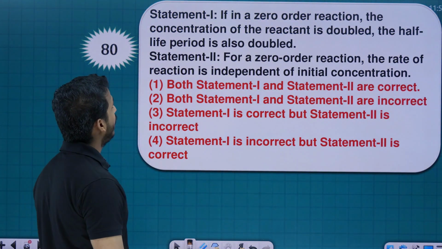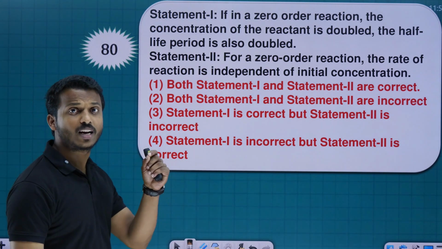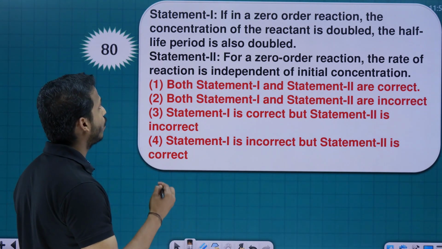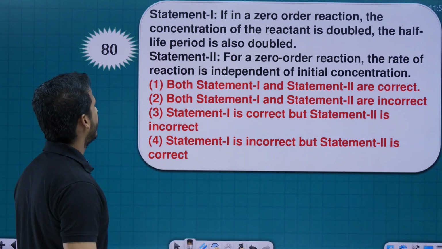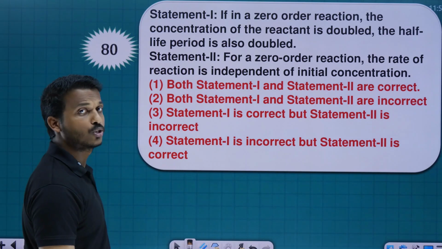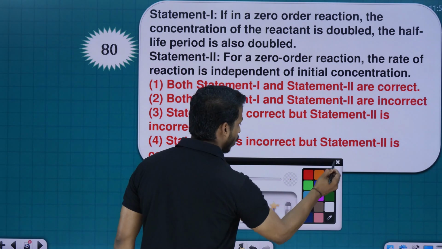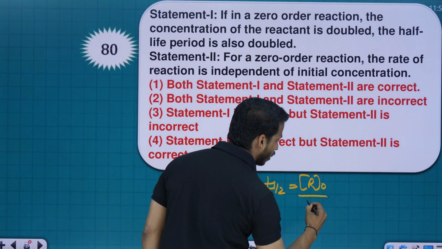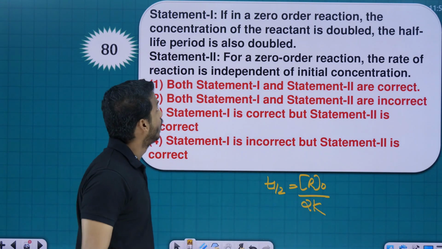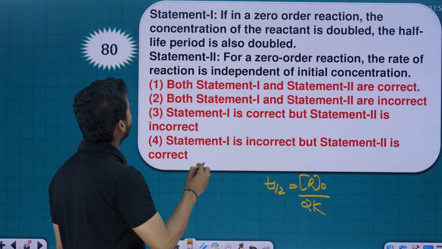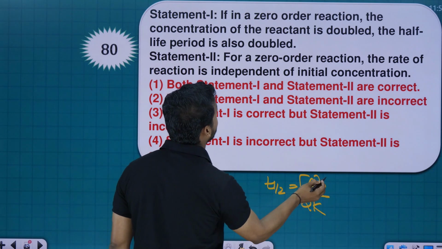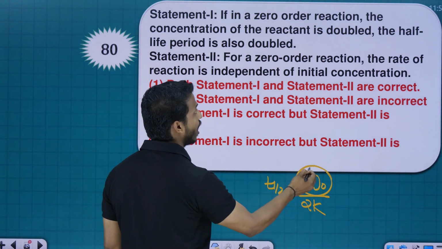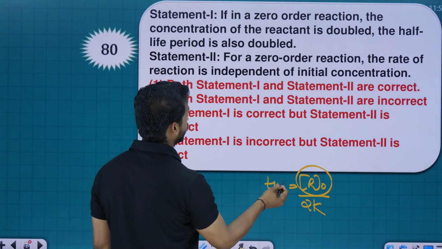Statement 1: if in a zero order reaction the concentration of the reactant is doubled, the half-life period is also doubled. See, in a zero order reaction, what is the half-life? It is equal to R0 divided by 2K. Correct? So in a zero order reaction, if the concentration of the reactant is doubled, R0 is doubled, and the half-life is also doubled.